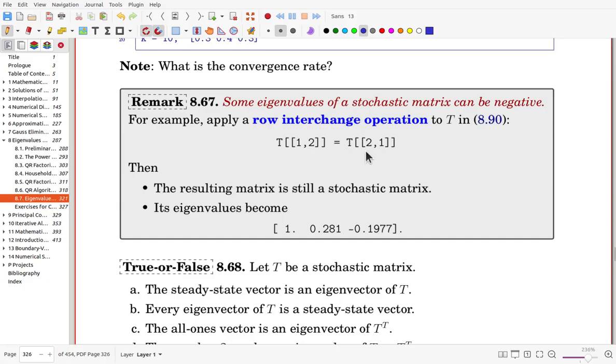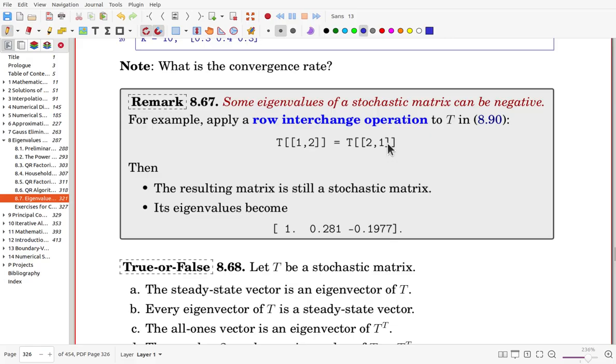Once you try to get the eigenvalues, in fact the determinant is the negation of that of the original matrix T, which means that at least one eigenvalue is negative. So some eigenvalue can be negative, but along with this row interchange, the result is still a stochastic matrix.